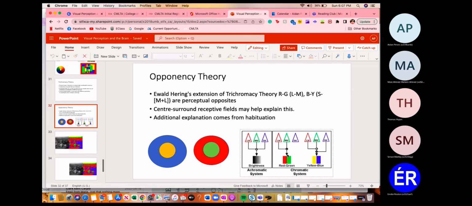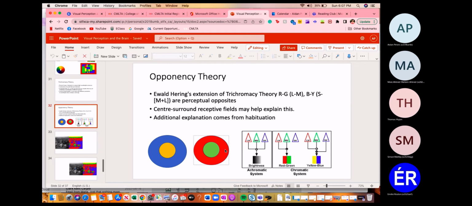For example, in this receptive field, this particular ganglion cell responds best to green wavelengths hitting its receptors, and then in its periphery, it inhibits. So this green will inhibit red, and then the red on the outside will inhibit the green on the inside of the receptive field.